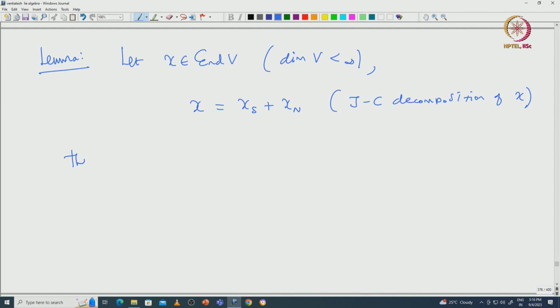Then we can apply the ad map to these elements. So, we have ad x equal to ad xs plus ad xn. Now naturally we expect this to be the Jordan decomposition of ad x. So, let us prove this.